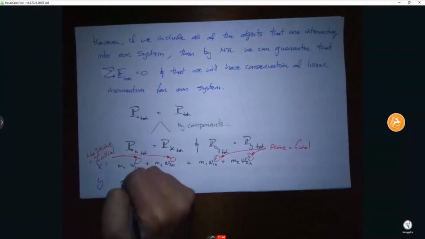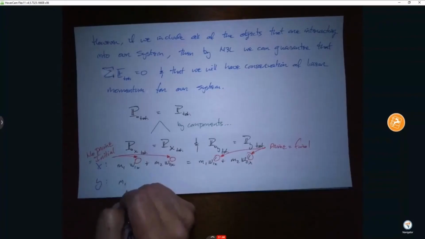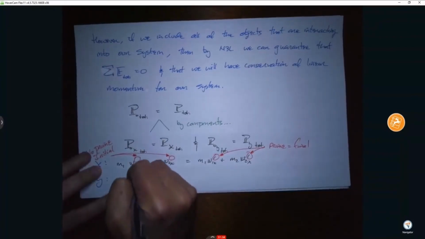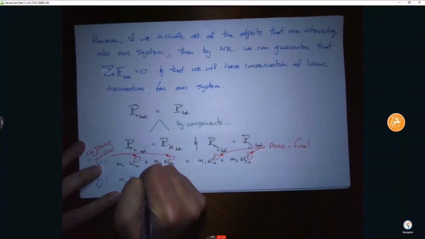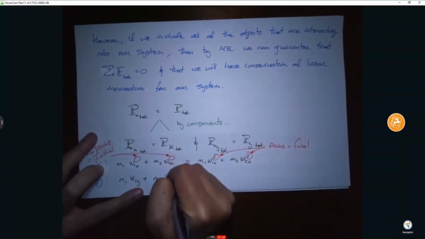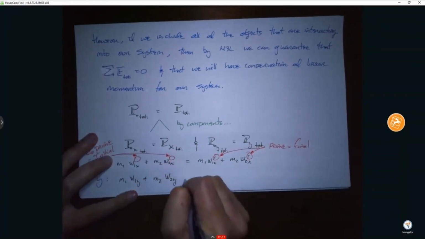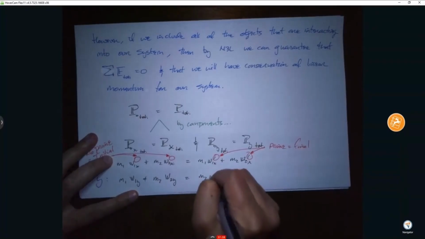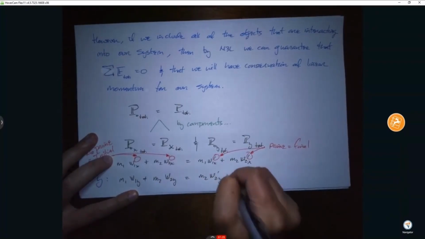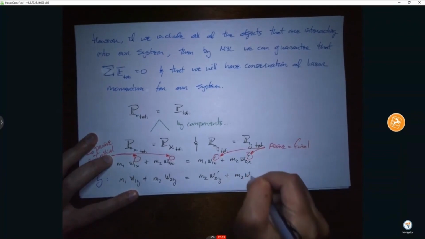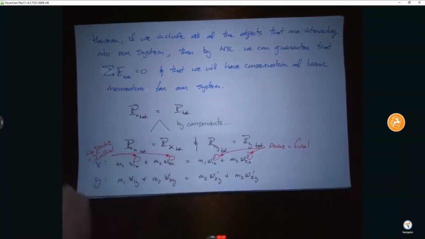And then we'll have the mass of the first object times the y component of that velocity plus the mass of the second object times the y component of its initial velocity is the mass of the second, v2 prime y, sorry, these have to be ones.